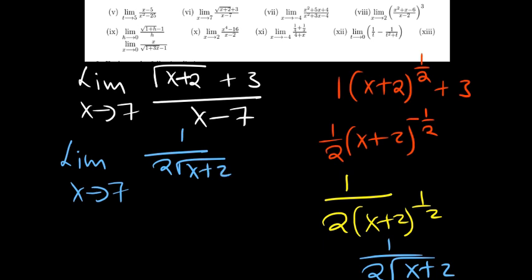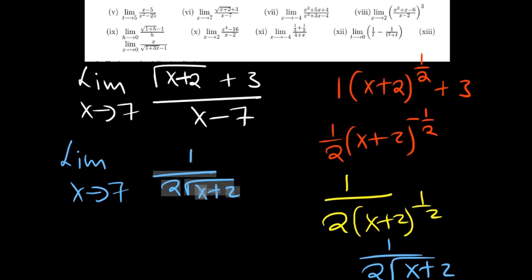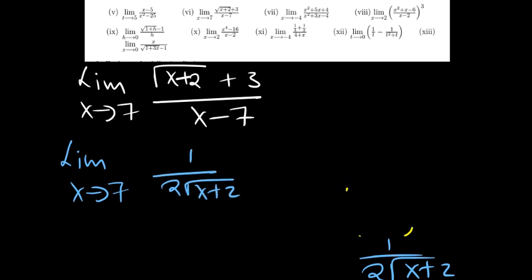Now for the denominator, what's the derivative of x minus 7? It will just be a 1. Now you notice that the 1 basically doesn't make any difference. So ultimately all we have is just this part remaining anyway. At this point we're at liberty to substitute, if it's not going to be undefined.